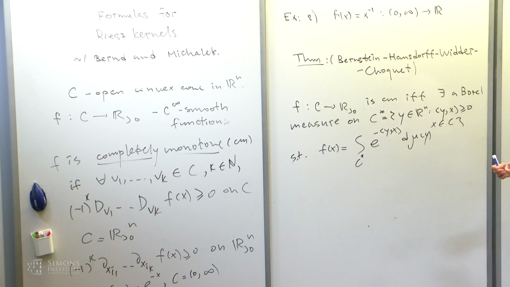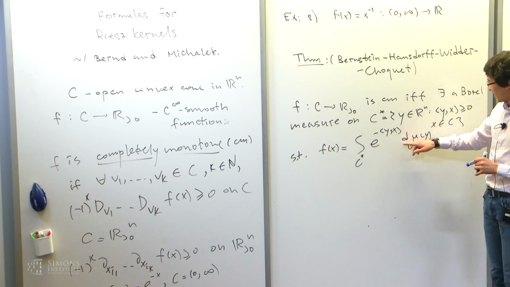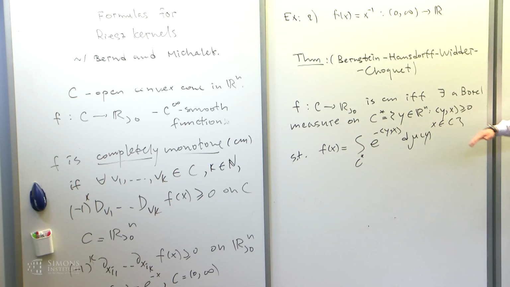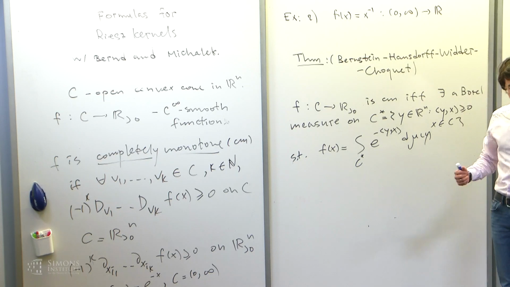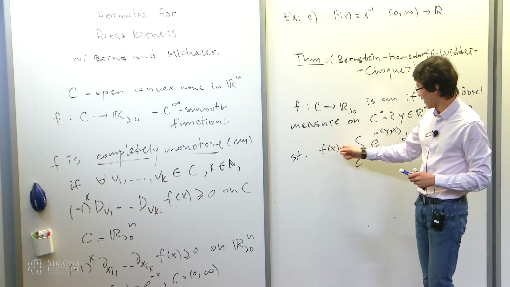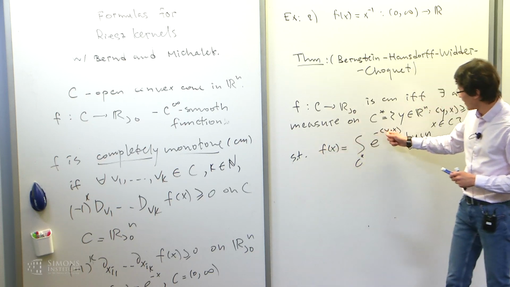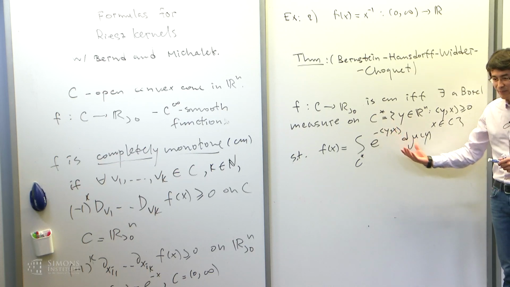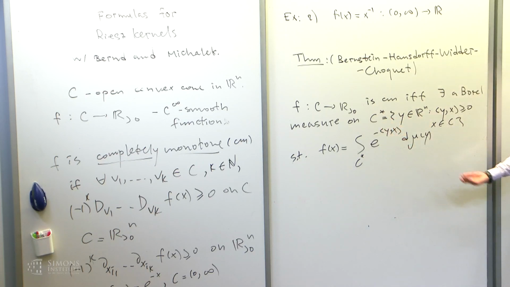You cannot check these directly, and this condition guarantees that if you are able to find a measure such that this representation holds, then this infinite series of inequalities hold for f. It's easy to check that this is a sufficient condition, because when you apply any derivative, just a monomial in y pops out, and you integrate a positive monomial against a positive measure.